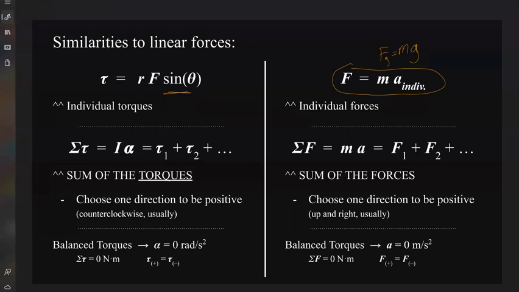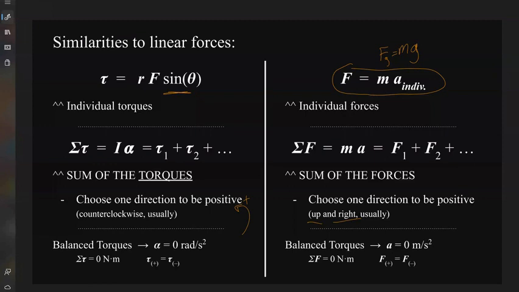But we can also say if there's multiple torques involved, all we have to do is just add them together. Now, similar to forces, some could be positive, some could be negative. In forces, usually that is up and right, typically. Now, there are exceptions to that, like Atwood machines or inclined planes. But for torques it's just rotation, and usually we'll say counterclockwise is positive because that's what the unit circle does.